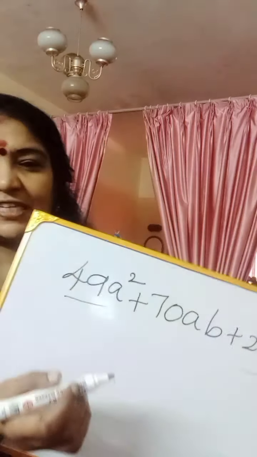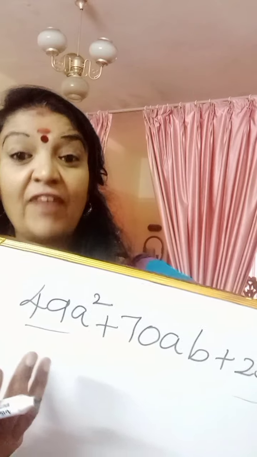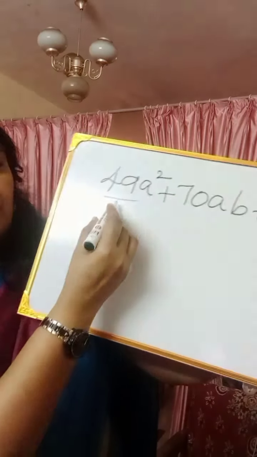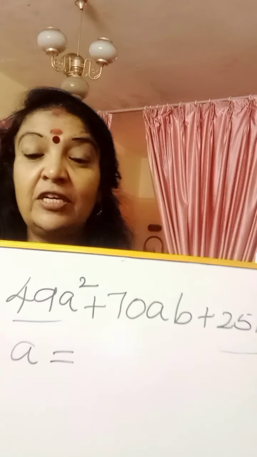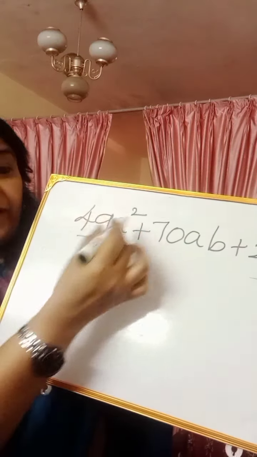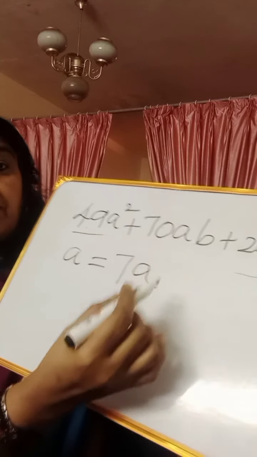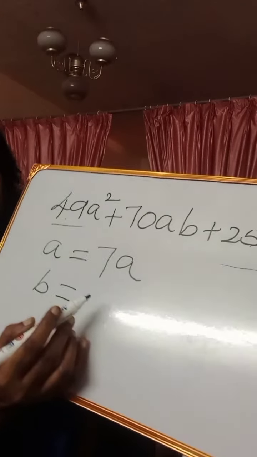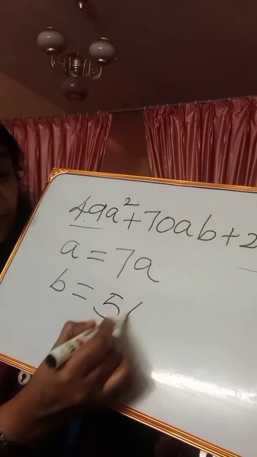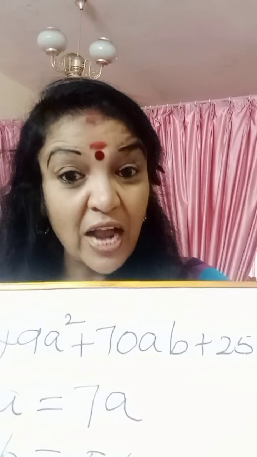So how to factorize? How is this identity forming? We have to find its factors. What is a? A is the square root of 49a square. The square root of 49 is 7, and of a square is a, so a is 7a. Similarly, for the last term, b is the square root of 25b square, that is 5b. So you got a and b. This is our first identification.